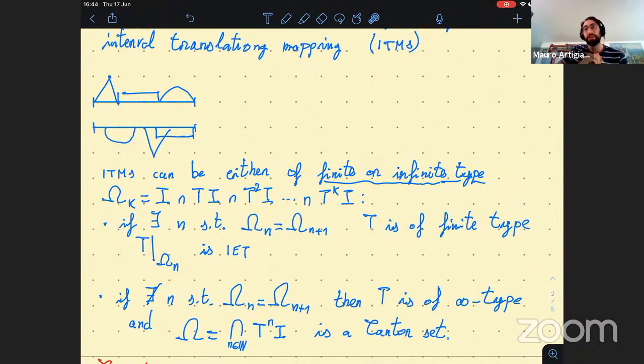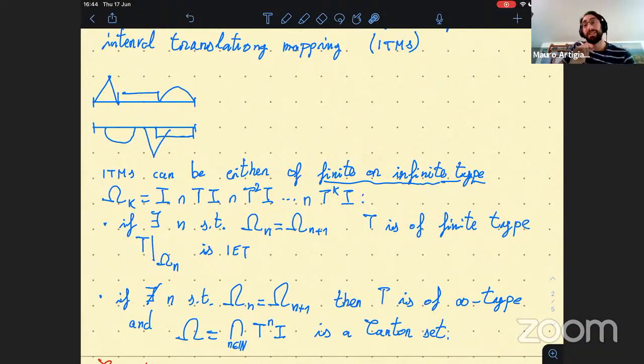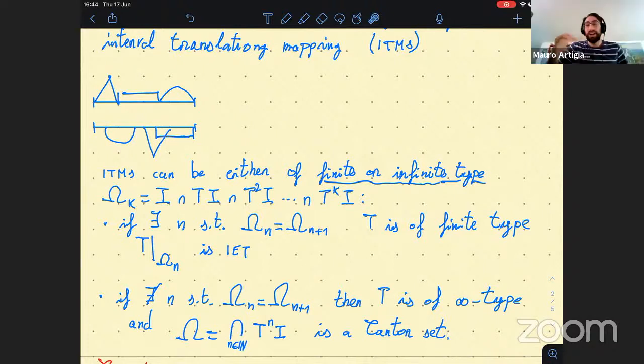This simple observation allows you to do it: instead of having an overlap and a hole, you think of having an interval exchange there. Otherwise, if I had an IET, then I would be done. This would be of periodic type, of finite type.